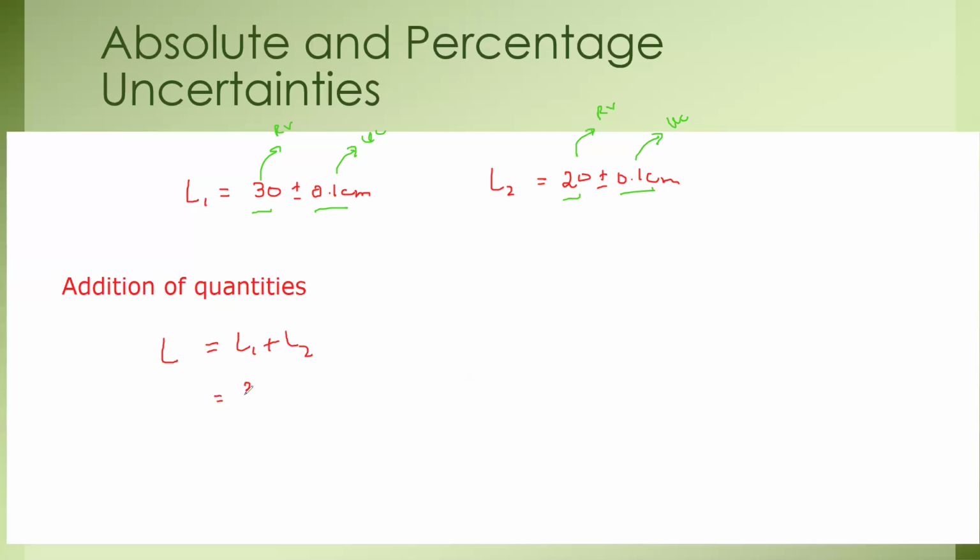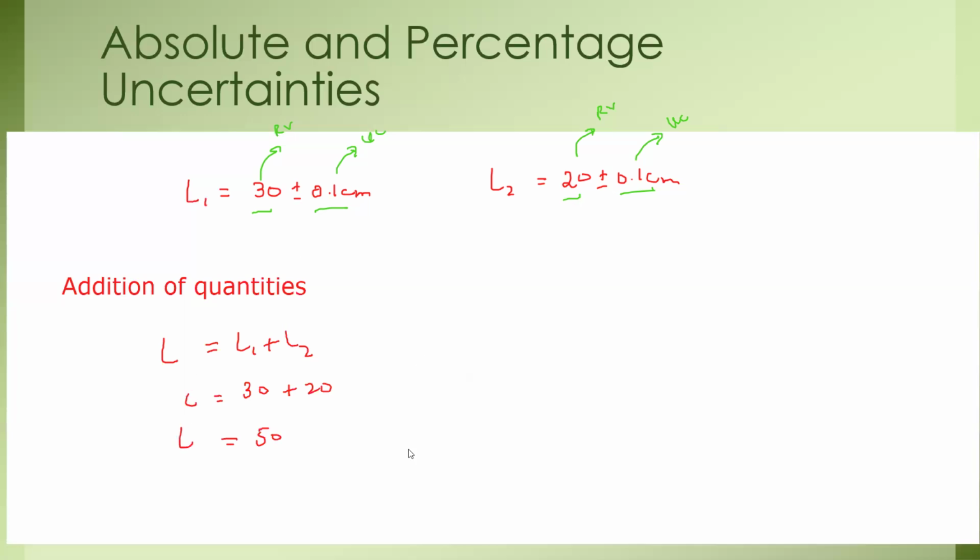So L1 is equal to 30 and L2 is equal to 20. RV means recorded value or the measured value. So the sum of L1 plus L2 is equal to 50. But what about the uncertainty?